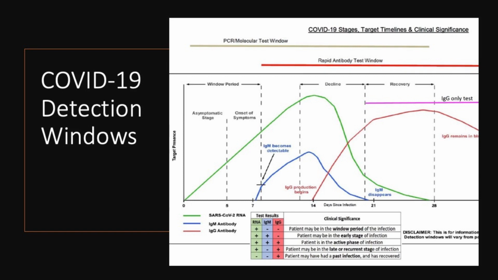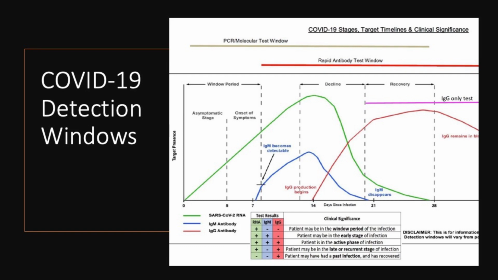And actually, symptom onset at 5, but it could be as long as 14. And then the concentrations of the virus, the presence of the virus will decline. But at the same time, the antibody response is starting at about day 8 and increasing. And then that IgM antibody will dissipate over the first 20 days. And then from there, IgG will pick up at day 14 and push on to as long as 5 months.